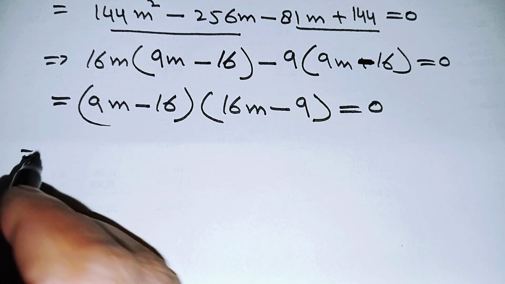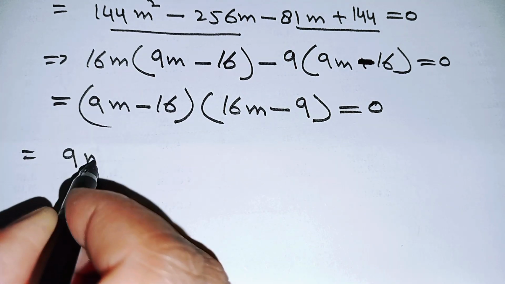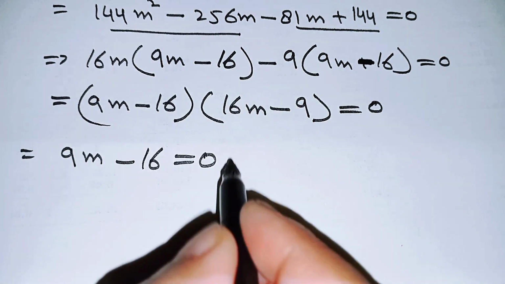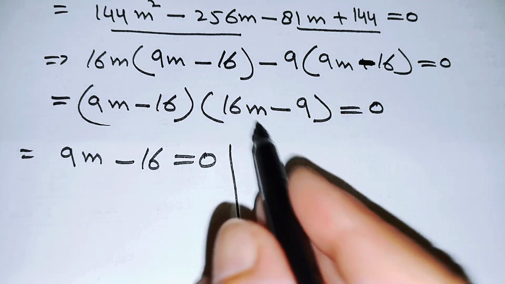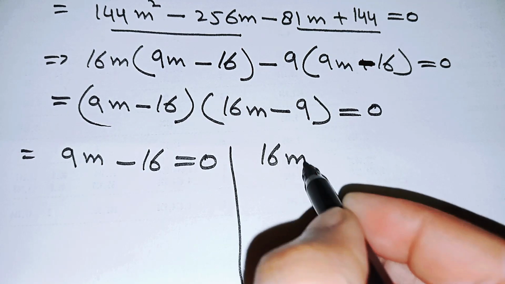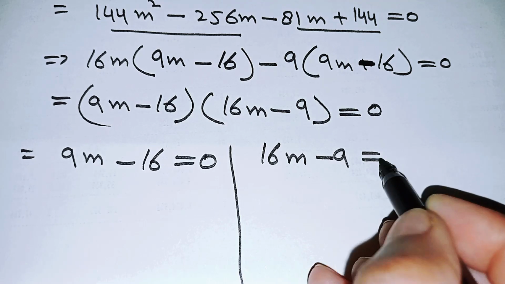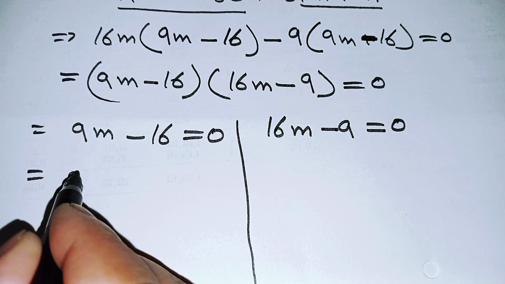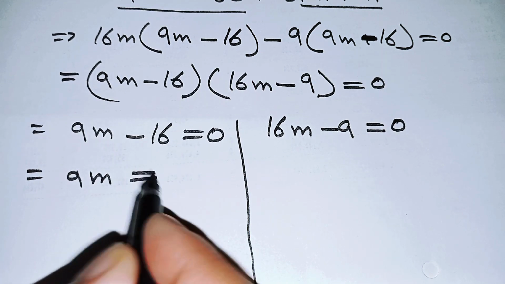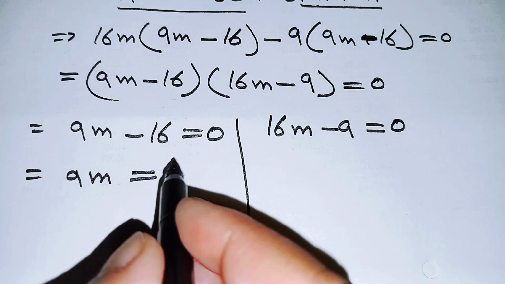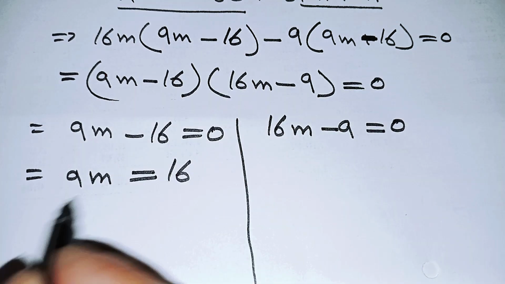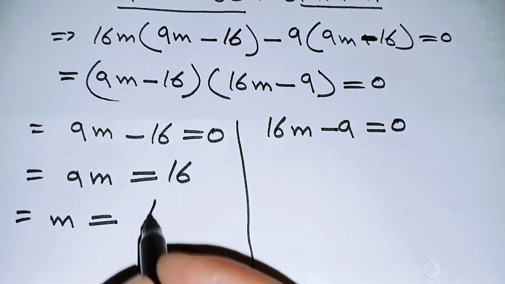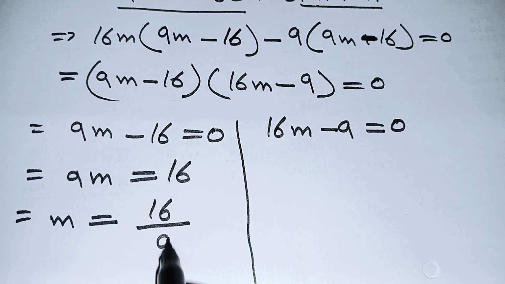And now here we take 9m minus 16 is equal to 0, and this 16m minus 9 is equal to 0. And so this 9m is equal to this minus 16 is moved to the other hand side is 16, and this m is here and is equal to this 16 over this 9.